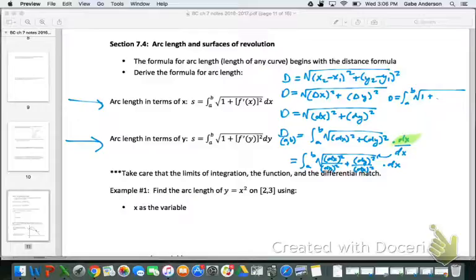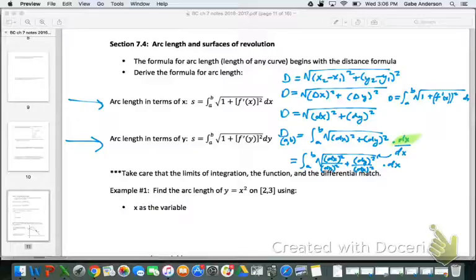Also known as f prime squared. So f prime of x, quantity squared, and then that dx is still on the outside of the square root, the one that we had to begin with. And that's where the formula comes from. It just comes from the distance formula, trying to say, what if we wanted to add up all this infinite number of points in between these two fixed points? That's where we go with it.